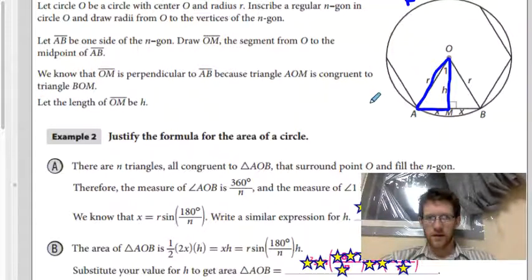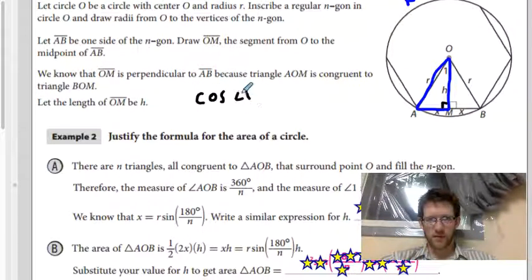So, relative to angle 1, remember this is a 90-degree angle here. This is the adjacent, and this is the hypotenuse. So I'm going to use cosine. Same deal as before.